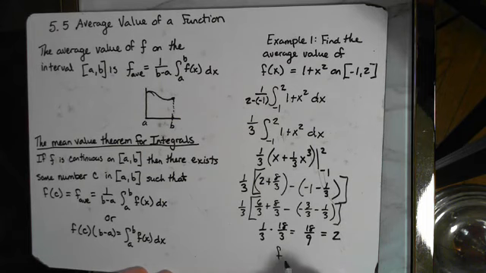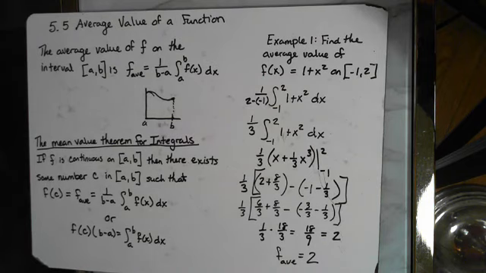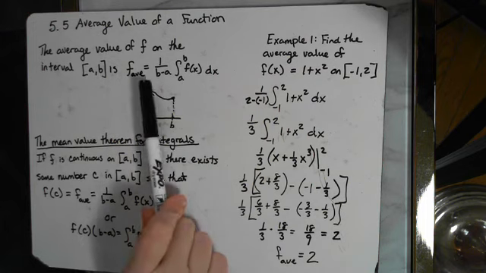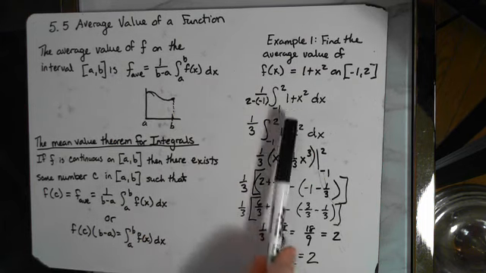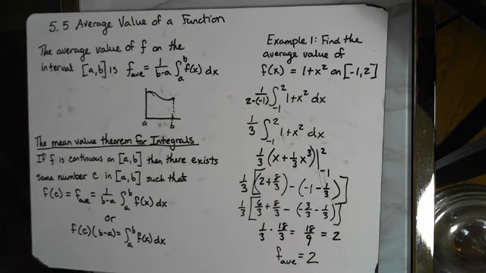So the average value of my function is 2. Finding the average value of a function is as simple as just putting in the numbers you're given and doing the integral and finding out what it actually equals.